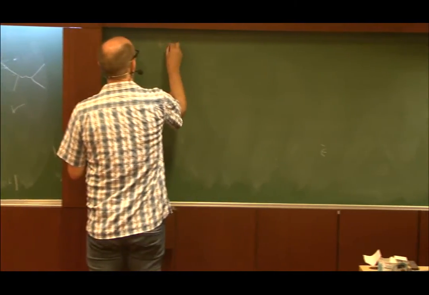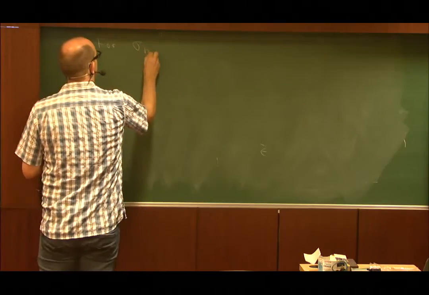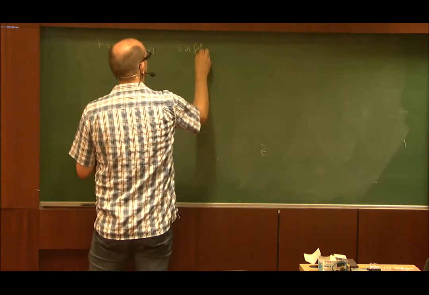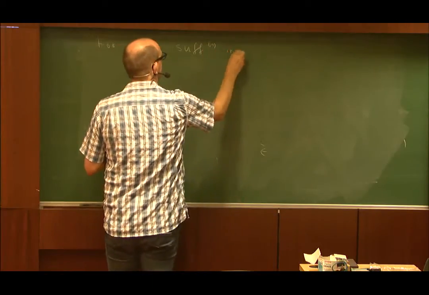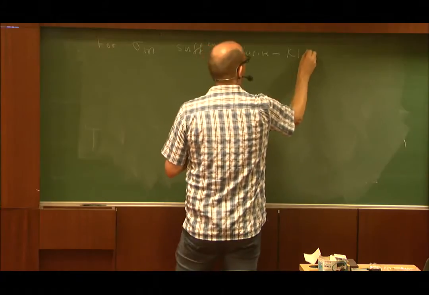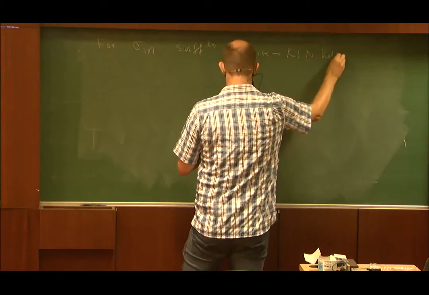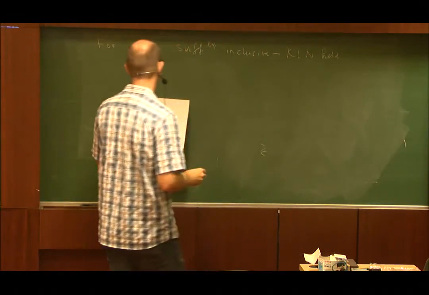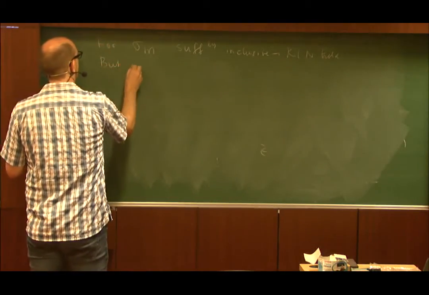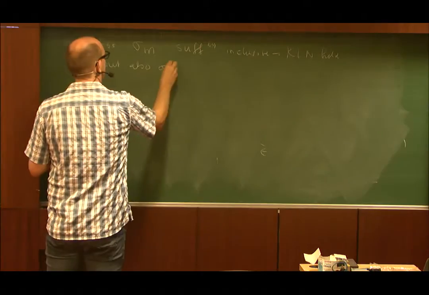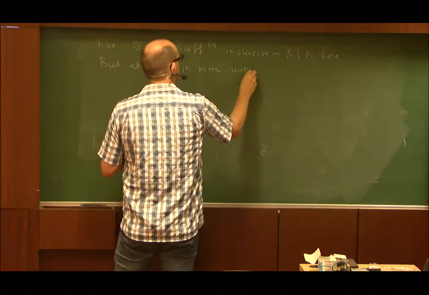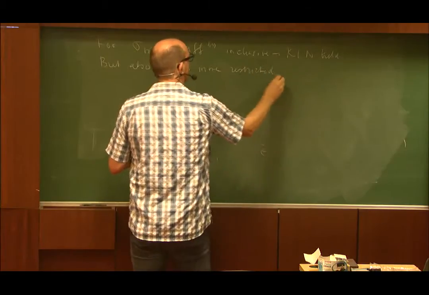So for total cross-section, sufficiently inclusive, KLN holds. But also okay in more restricted settings.